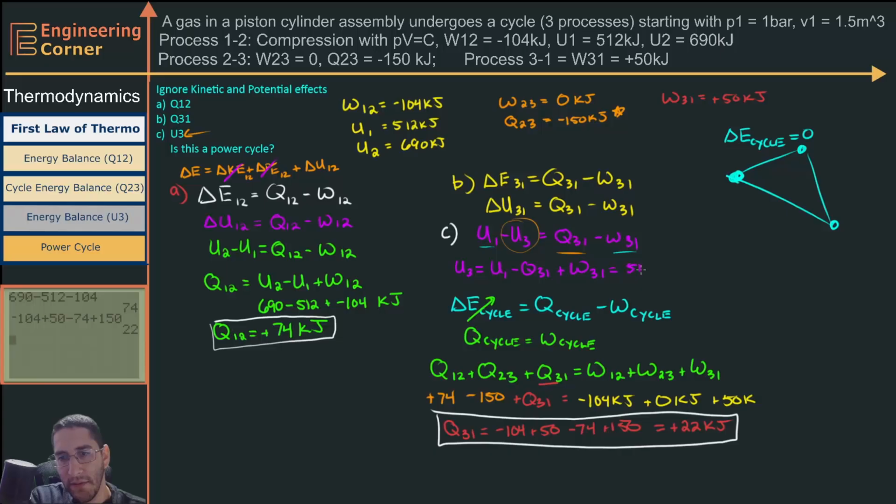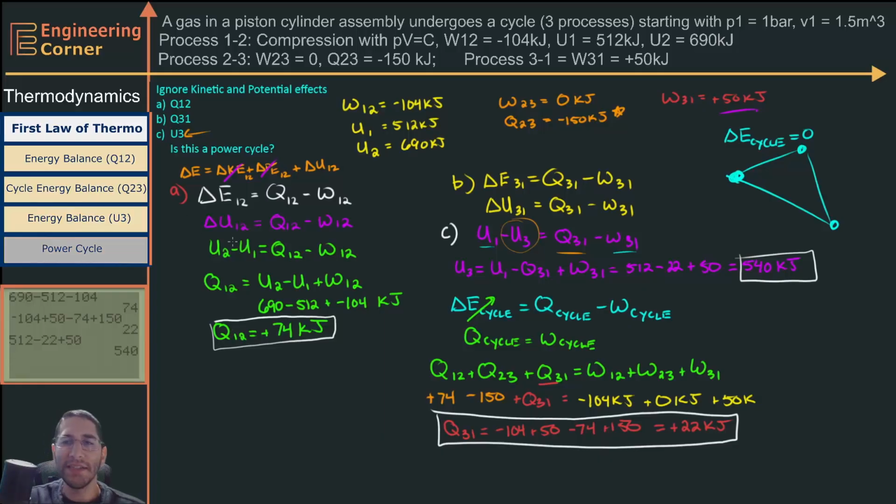This is 512 minus this 22 and then plus this 50. So my internal energy is equal to 540 kilojoules. So that's part C.